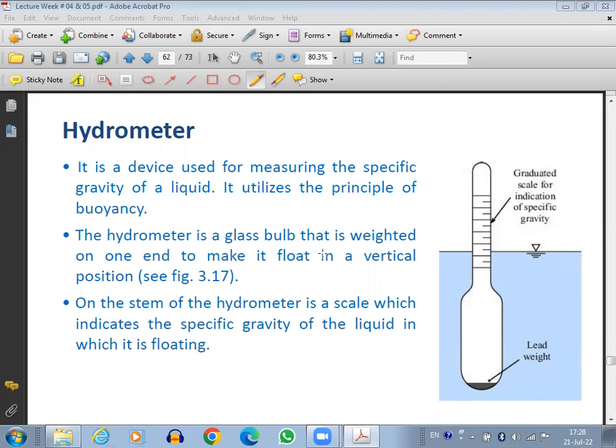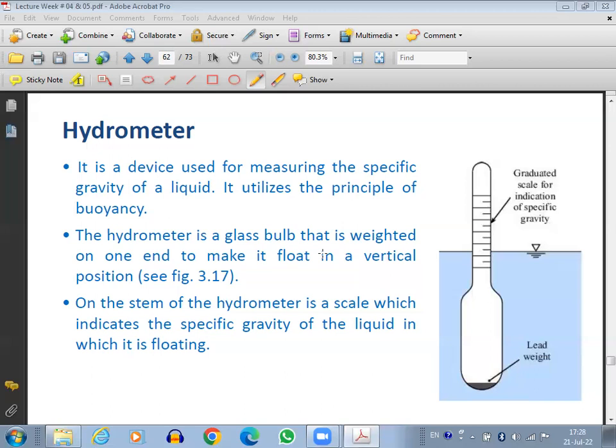What we do is put this hydrometer inside any fluid, and based on how much the hydrometer is dipped in the fluid, the reading on the stem directly gives us the specific gravity of the fluid in which it is dipped. So it's very simple. How do we calibrate it and use it?